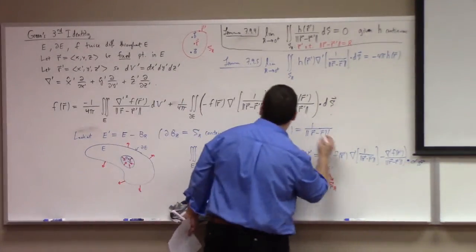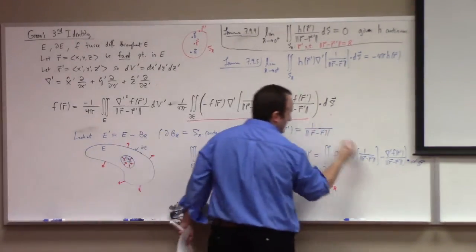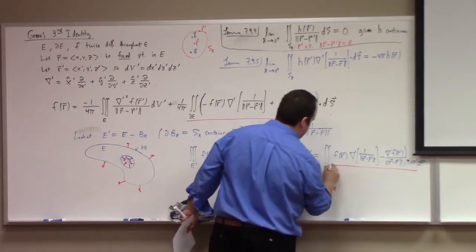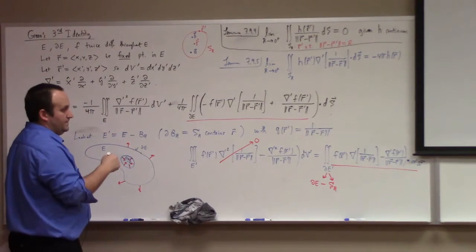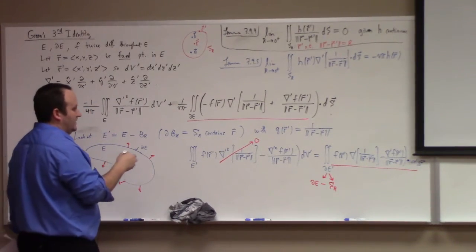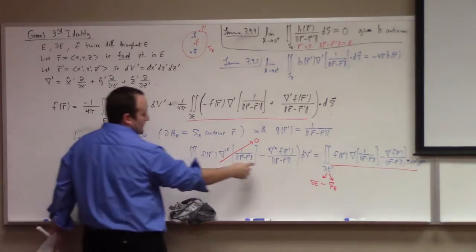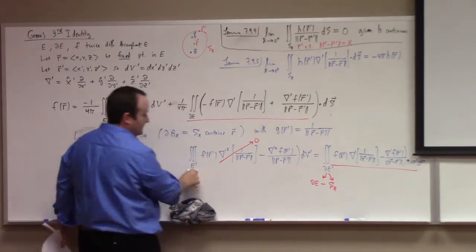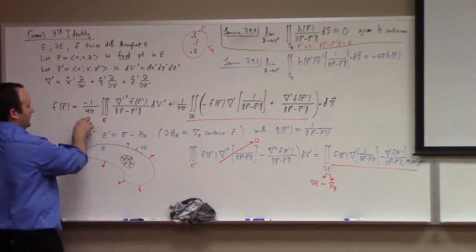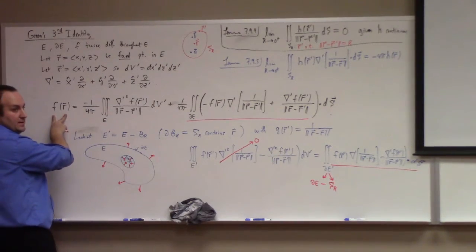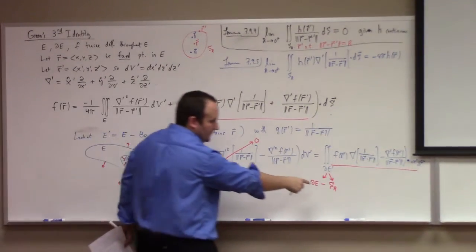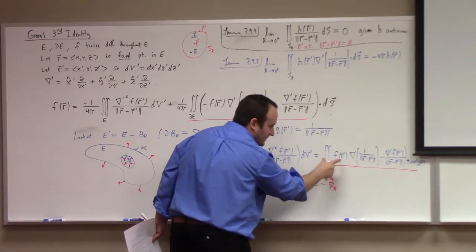That's pretty much exactly this, with E prime replaced with E. So the question is, where's the 4 pi coming from, and where's the f of r coming from? It's all coming from the integral on the inside.